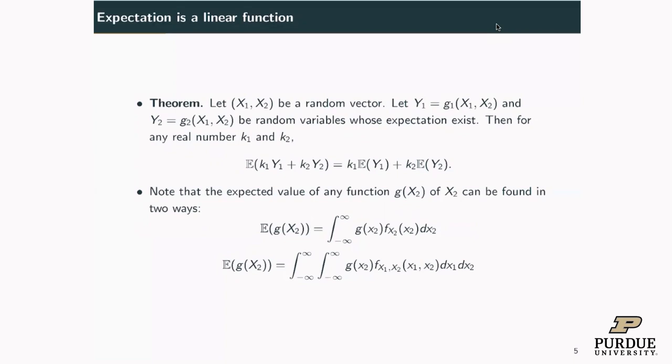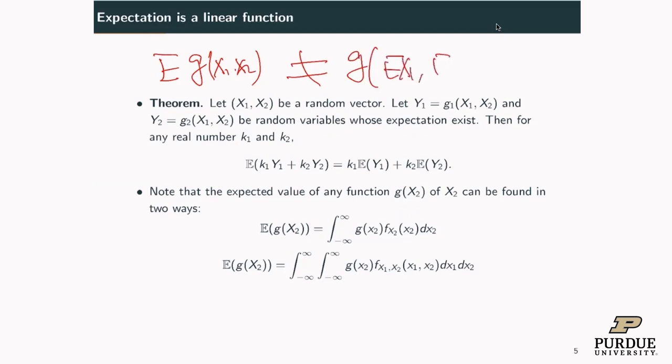Now I would like to calculate the expected value of k1 Y1 plus k2 Y2, where k1, k2 are constants. Since expectation is a linear function, we can move k1, k2 outside of the expectation. We also talked about that expectation is not a nonlinear function. So definitely the expected value of g(X1, X2) is not equal to g of the expected value of (X1, X2). That's not true.